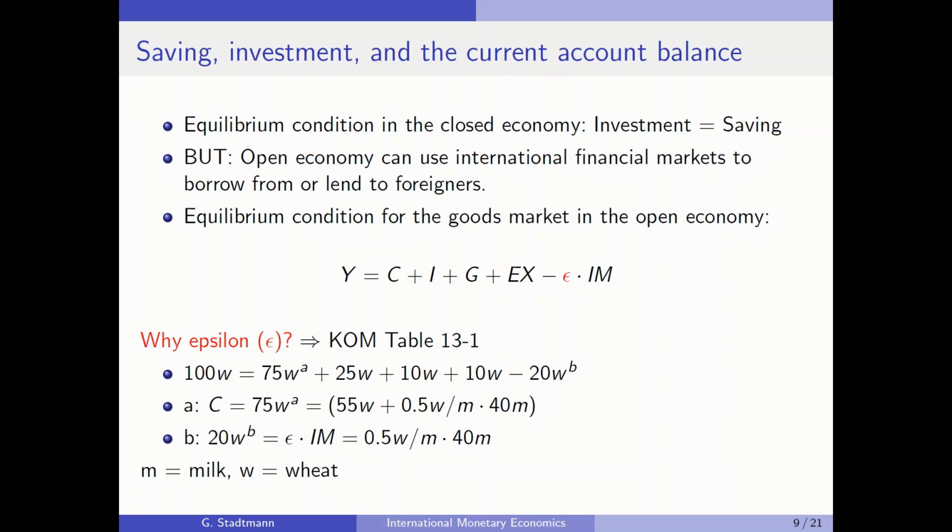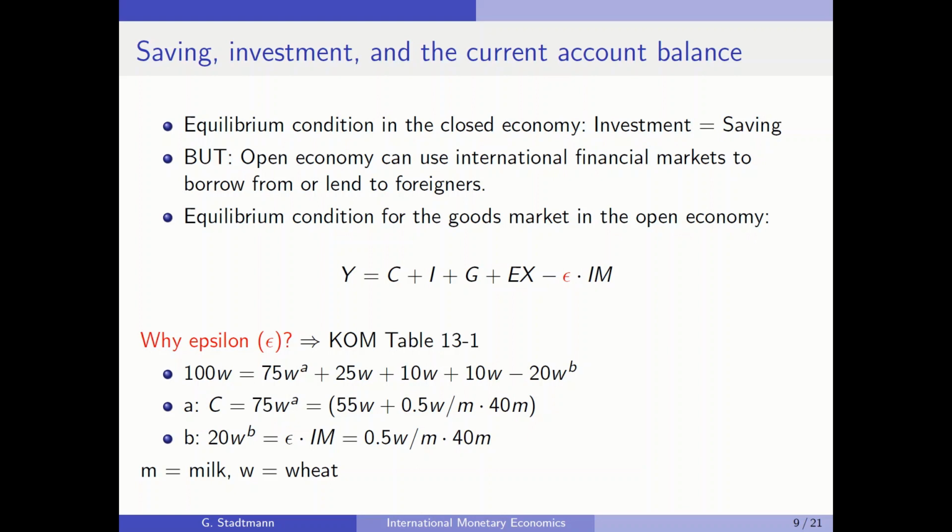Investment is equal to 25 units of wheat, government spending is equal to 10 units of wheat, exports are also equal to 10 units of wheat, and imports are equal to the value of 20 units of wheat. But of course, we are not importing wheat because this is the domestic good.